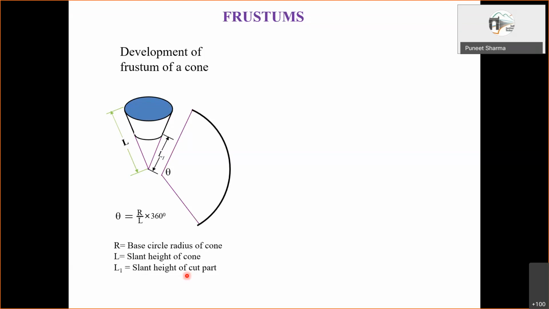So this is for the base. For this base, we get this chord line. Then we locate the same for the actual top face of this frustum, which is obtained by considering this true length L1.